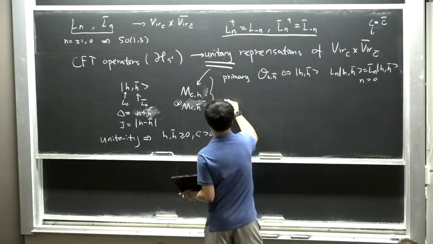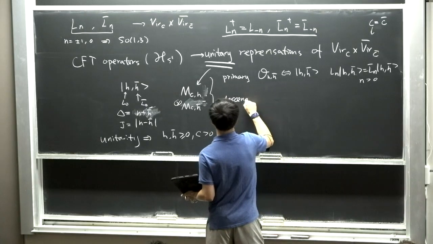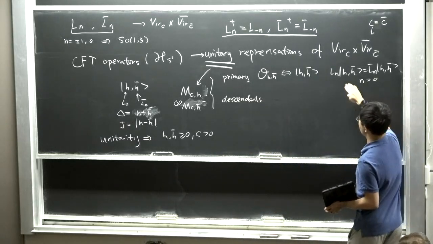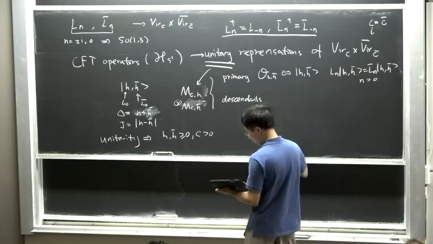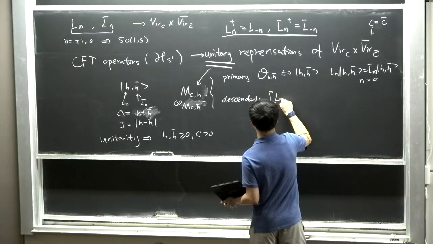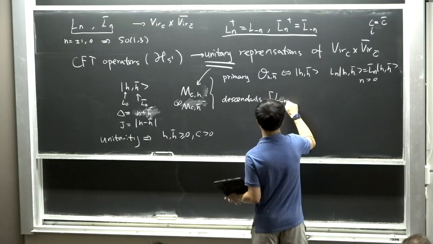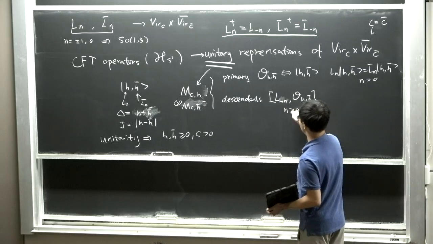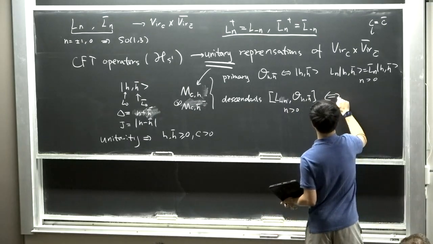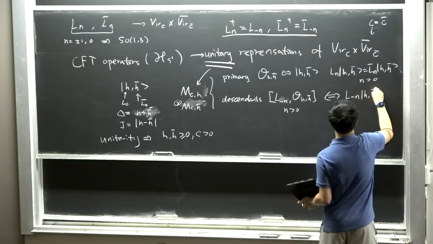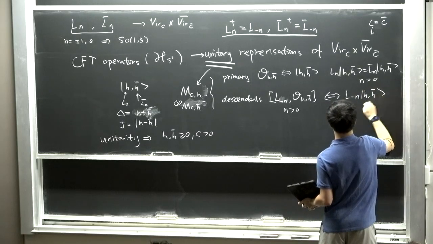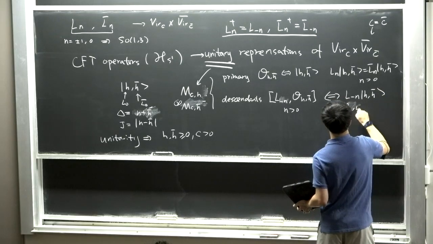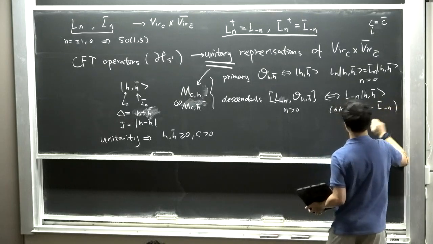The rest of the states in the multiplet are descendants, and they come from the Virasoro generators with negative subscript acting on the primary states. In terms of operators, this can be thought of as acting with a commutator on the operator insertion, where n is positive, and they correspond to states coming from L minus, or L minus L bar minus, and similarly for the anti-holomorphic generators.